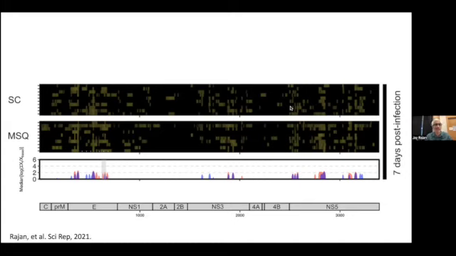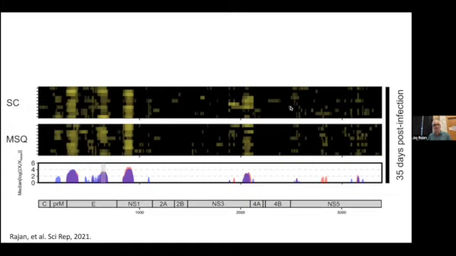So this is 7 days post-infection. As you might imagine, there isn't that much signal. It's still pretty early in the stage, probably measuring some IgM here, maybe a little bit of IgG. By 35 days post-infection, however, you can see pretty substantial reactivity, in the regions where you would expect it to be.